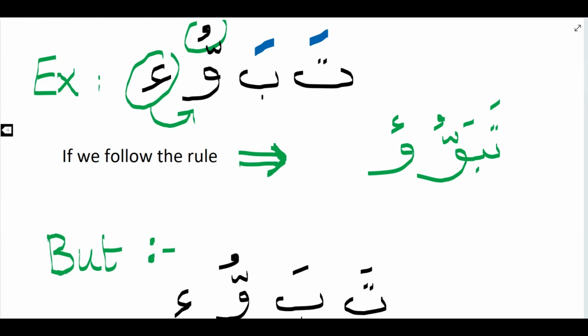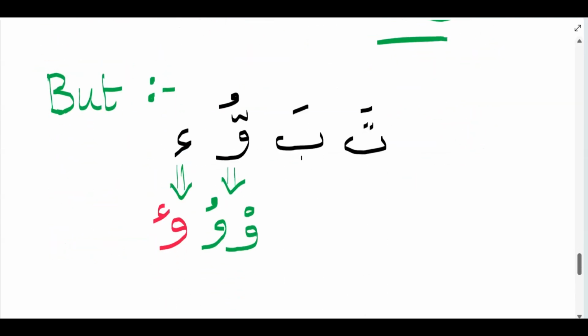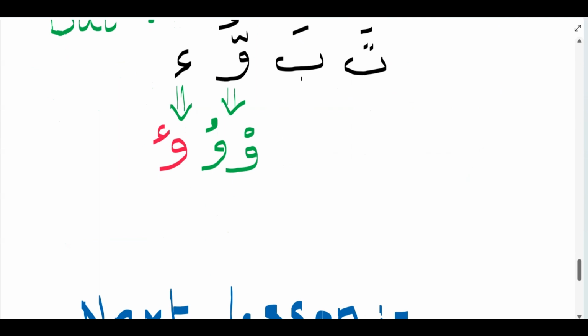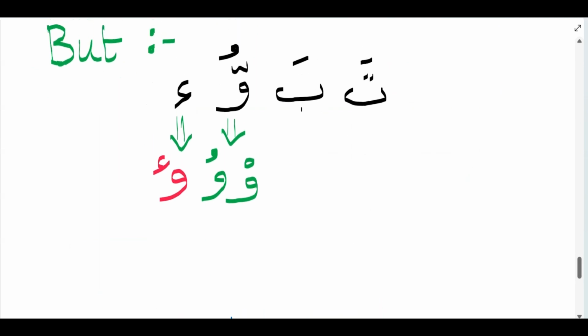Okay, look, now we have like wows following each other. Now, just so you know, this wow, when there's a letter with the shadda on it, it's like two same letters together to give more stress on it. So this wow is actually, as you can see here, two wows.